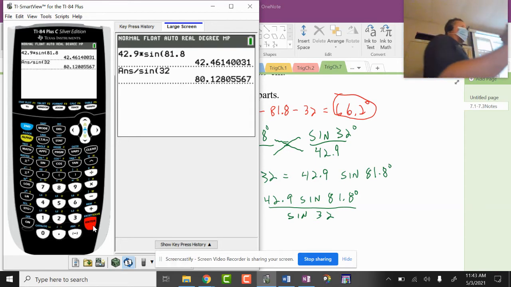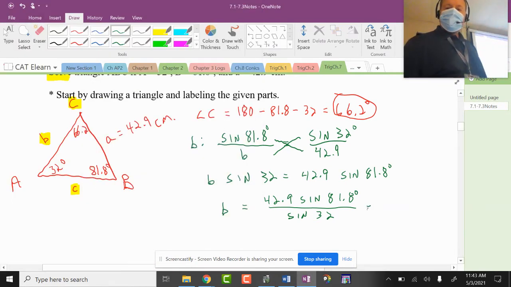Because if you don't close those parentheses and then hit divide, you're going to get it wrong. It's not correct. So I just like getting the numerator done and then divide by that when you're done with that. So 80.12. Let's go 80.1. Usually on sides and these angles, you do one decimal place.